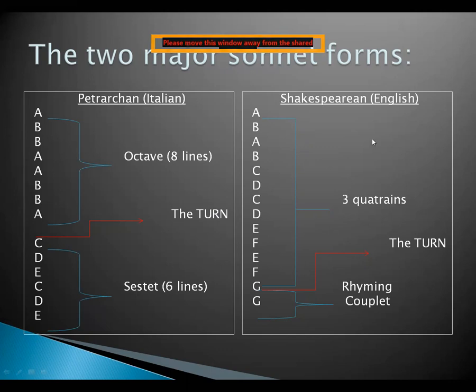Whereas if we look at the Shakespearean sonnet, then it is A B A B C D C D E F E F. So these are the three quatrains, and then before the couplet, or you can say the first line of the couplet has the turn, the final argument. Okay, and then the last two are rhyming with each other.